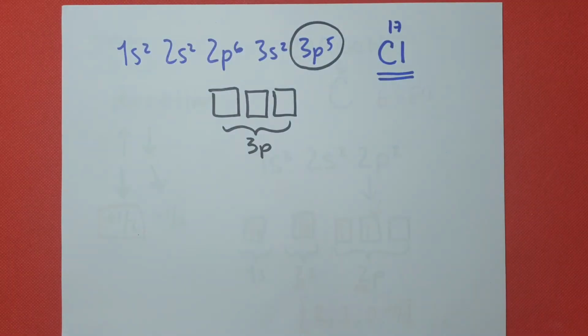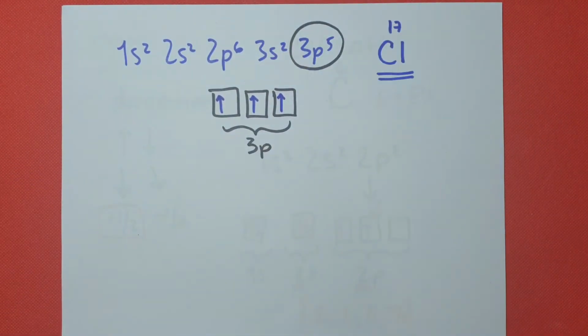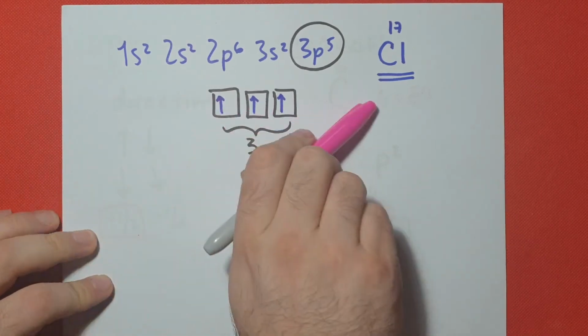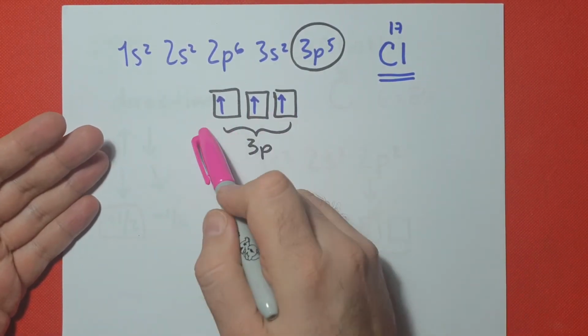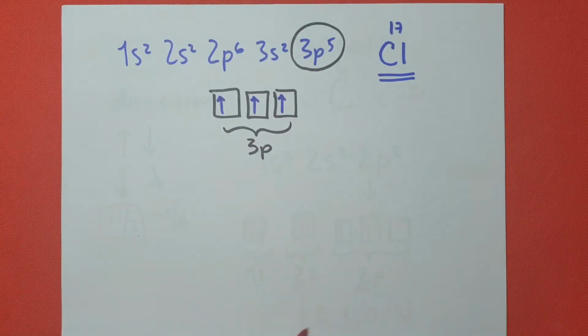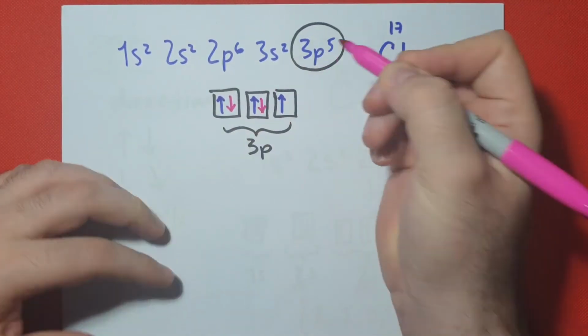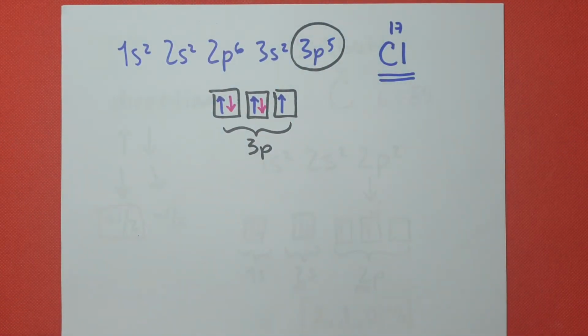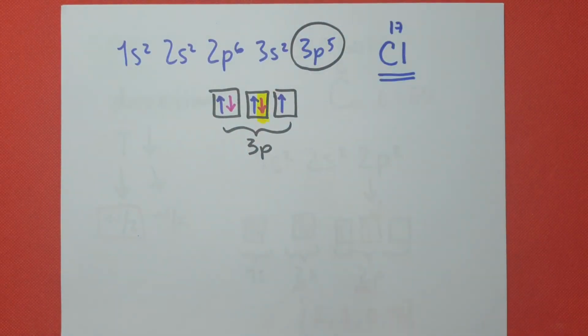So in this case, I'm going to draw my up spins first. 1, 2, 3, and we want 5, right? So once we're done this way, because remember, electrons occupy the lowest energy level possible, and we require the spins to be even. So then we go back to the first box, 4 and 5. What is the last electron that we placed? The last electron that we placed, of course, you can see is this one, which I'm going to highlight in yellow. So that's the one we're going to base our quantum number assignments on.